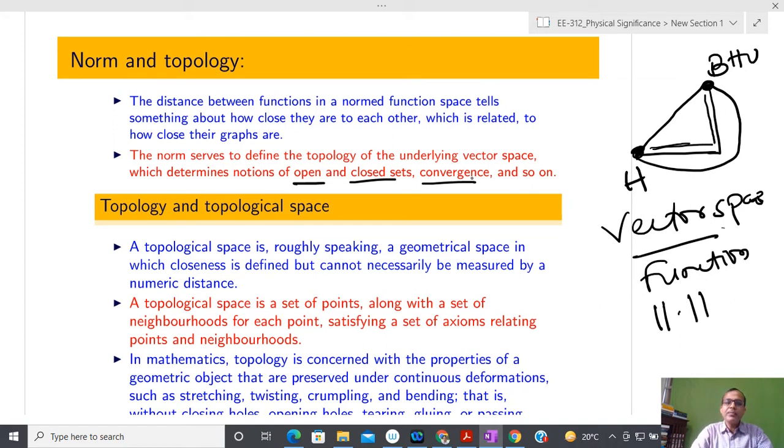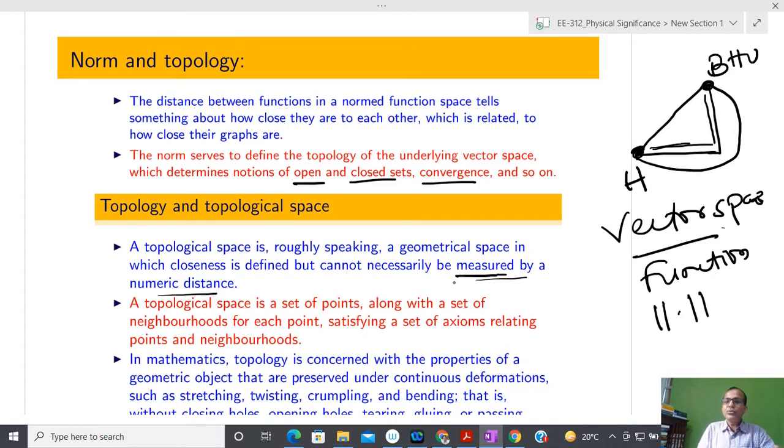Basically, if you look at topology, a topological space is roughly speaking a geometrical space in which closeness is defined but cannot necessarily be measured by a numeric distance. It means that in a normed linear space, using some kind of number I can talk about the distance.